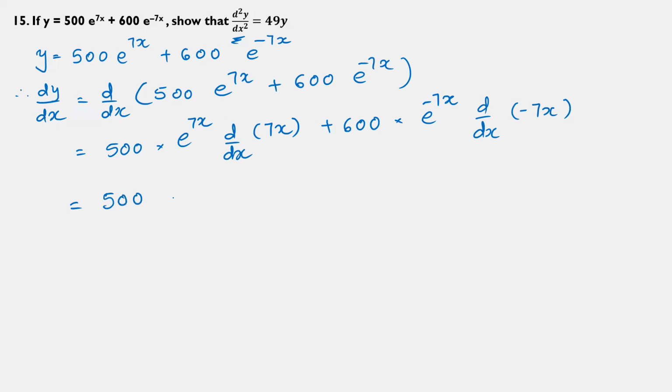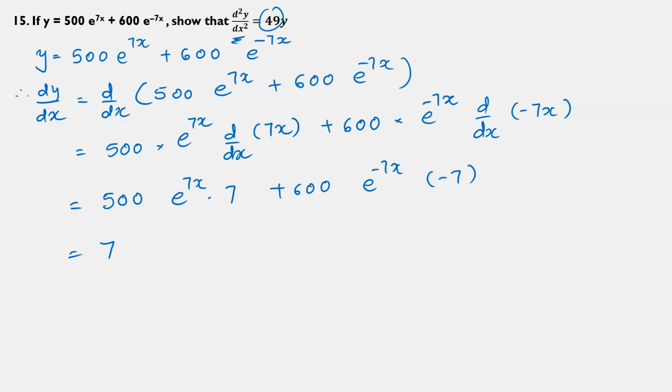So 500 e to the power 7x into 7, and 600 e to the power minus 7x into minus 7. I can see that 7 can be taken common. Ultimately, I want 49, so one more time we will differentiate.